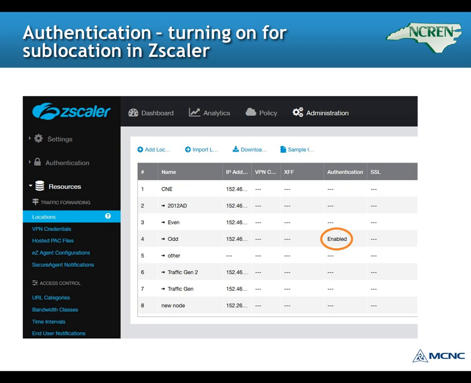We hit the pencil, you don't really see the pencil, it's over to the right, but we hit enable authentication, save, activate, and as you can see, for odd users in the lab, which are odd numbered IP addresses on the DHCP server, those users would have to authenticate to Azure. Okay. So basically, that is Azure authentication. That is how to turn that on.